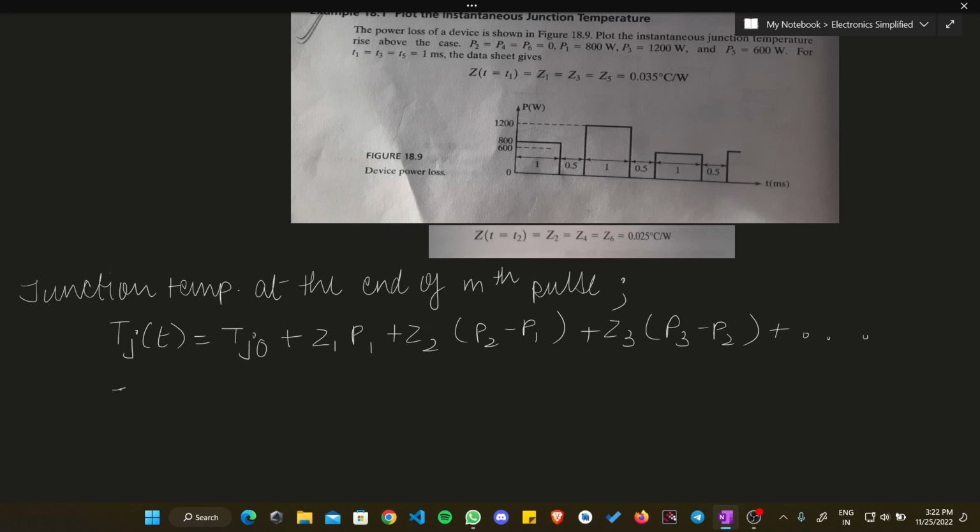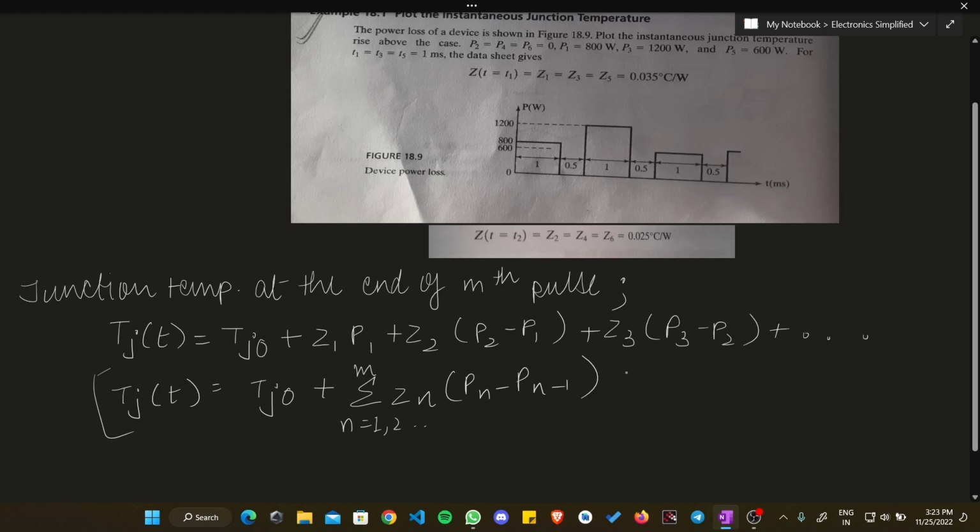If I have to make this formula a little bit simpler, I can write it as Tj at time t is equal to Tj0 plus the sum over n equal to 1, 2 and so on up till m, of Zn into (Pn minus Pn-1), right? So this will be our formula, and this formula will give us the junction temperature at the end of the mth pulse. This formula must be clear before proceeding with this question.